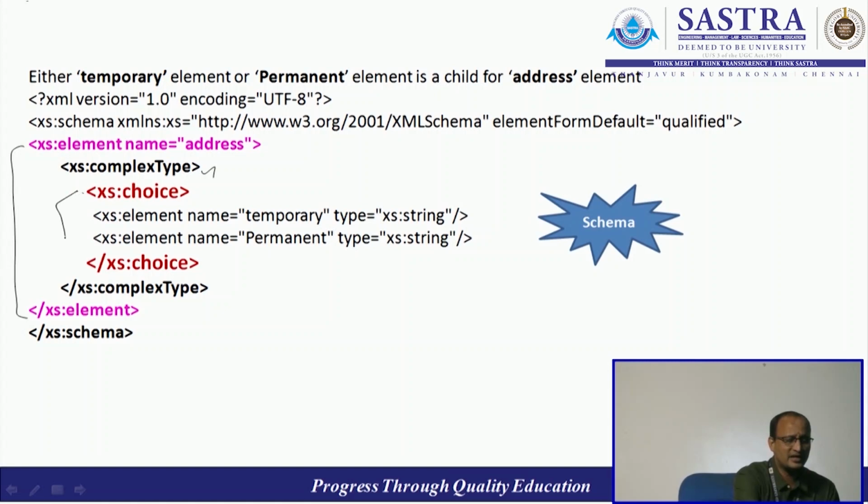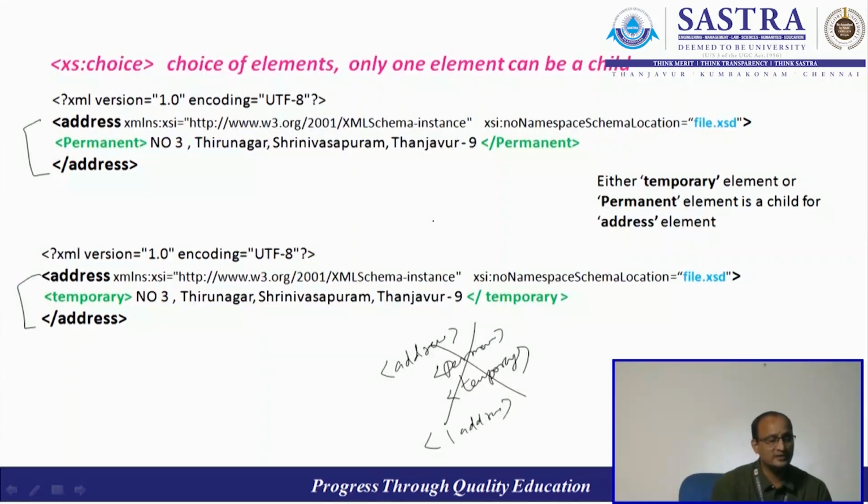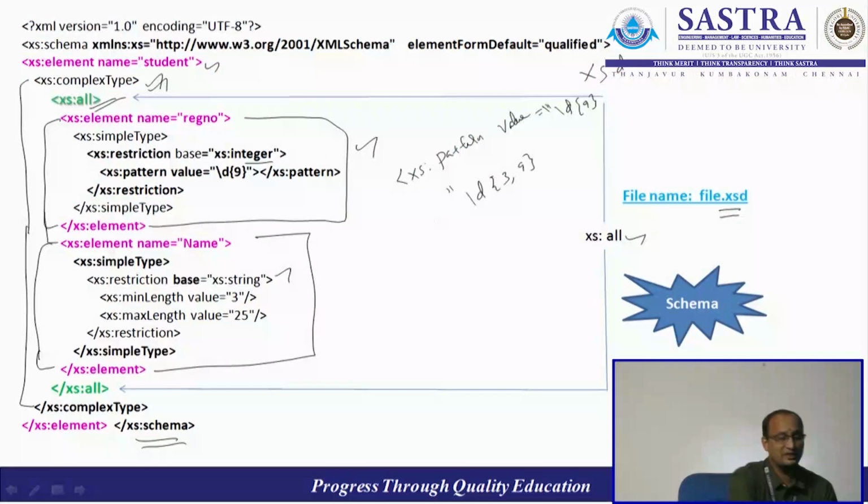Now I have taken choice, in which I have given the two elements with xs:element name equal to temporary, and a built-in type I have given. Unlike the previous one, restriction I have not given. Simple type is not given. Why?